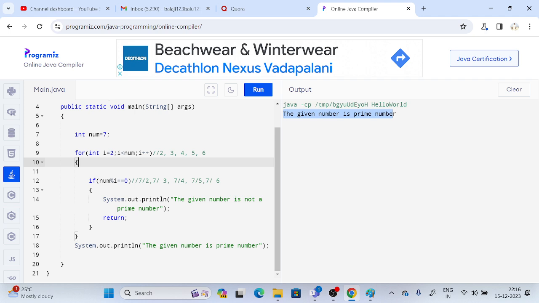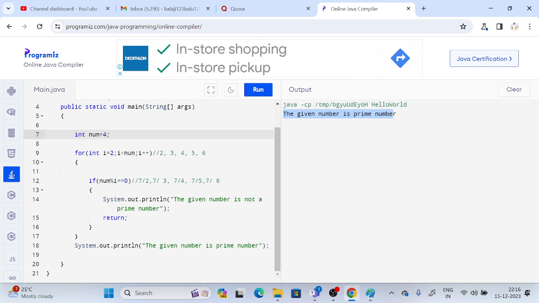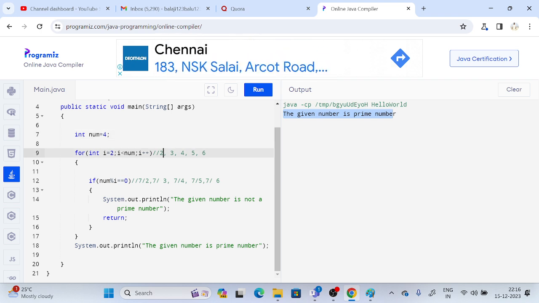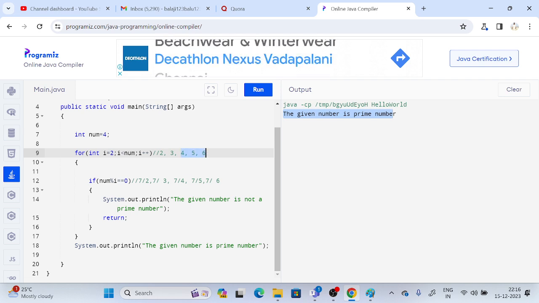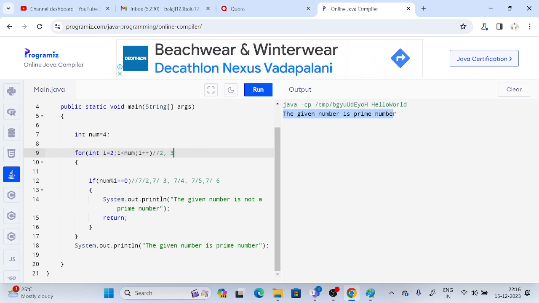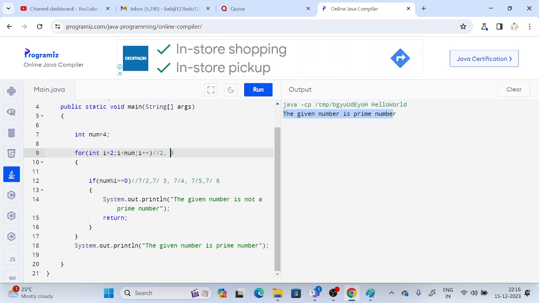Let us assume that, let us take the number 10, is a prime number or not. Let us take a small number, number 4, is a prime number or not. If I am giving the number as 4, the for loop will start from 2 and end at 3.